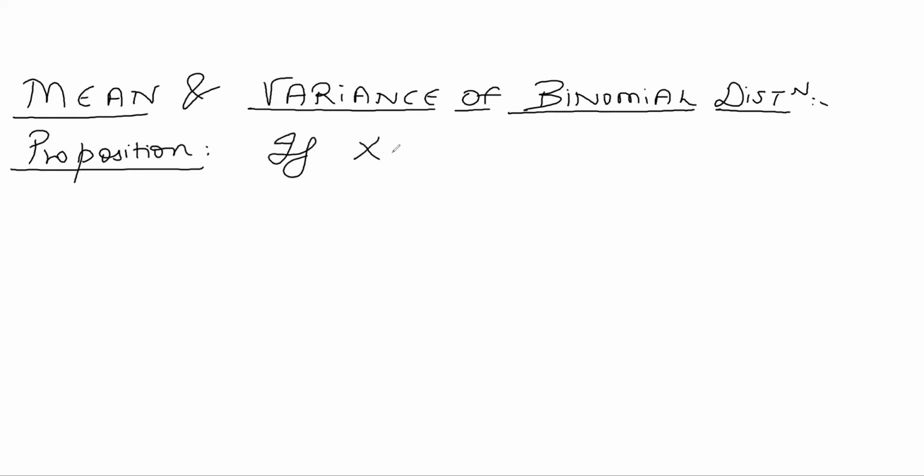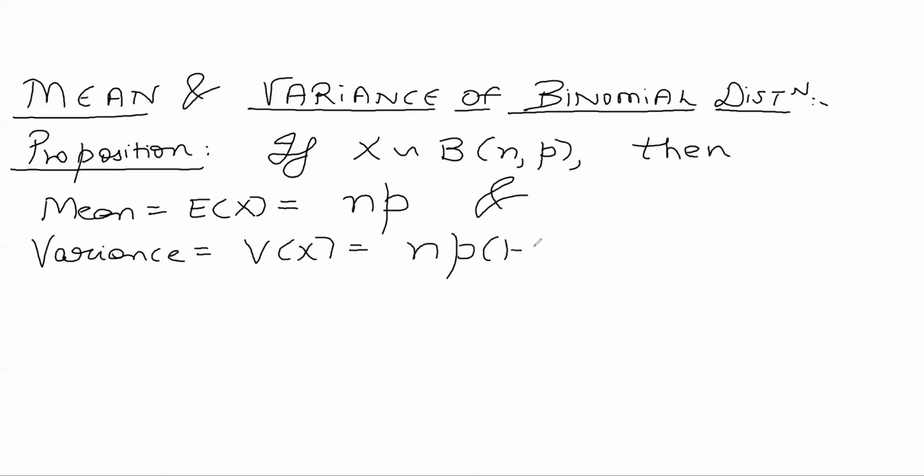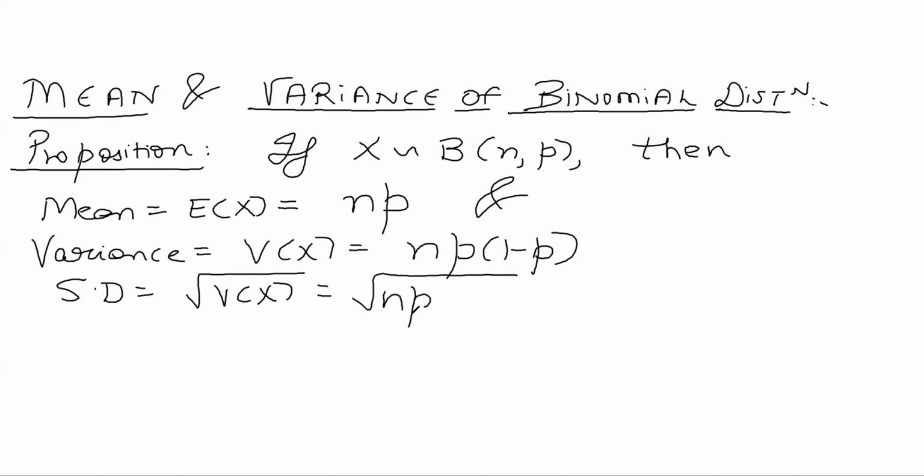If X follows a binomial distribution with parameters n and p, then the mean of the binomial distribution is the expected value of X, which is nothing but n into p, and the variance of the binomial distribution, denoted by V of X, is nothing but np into 1 minus p. And the standard deviation will be the square root of variance of X, which will be the square root of np into 1 minus p. Now, as of now, guys, proofs are not to be done.